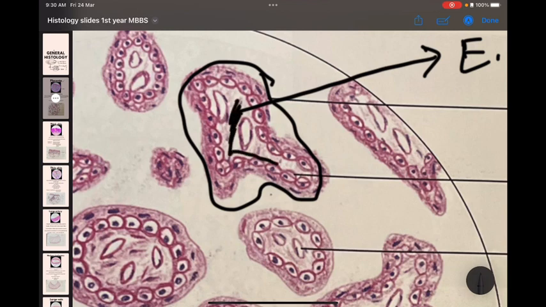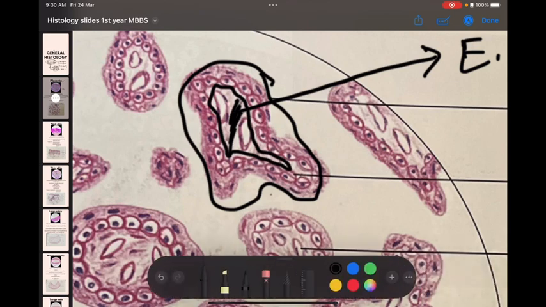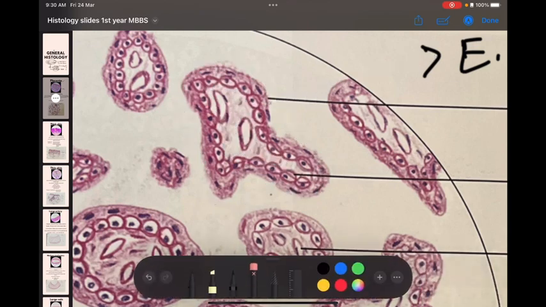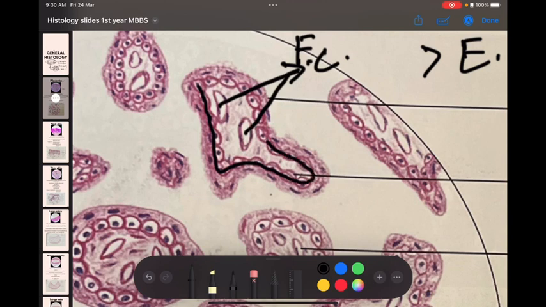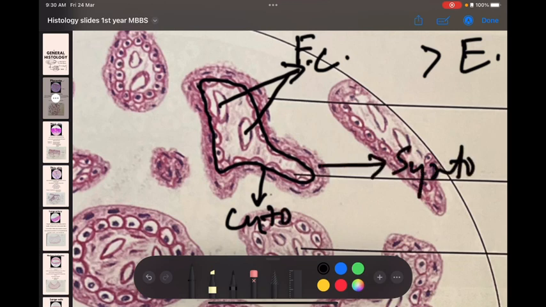This region is the embryonic connective tissue. Now this thing is the capillaries, fetal capillaries. The inner layer of cells is the cytotrophoblast. The outer layer is syncytiotrophoblast.